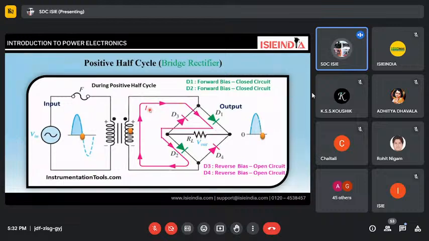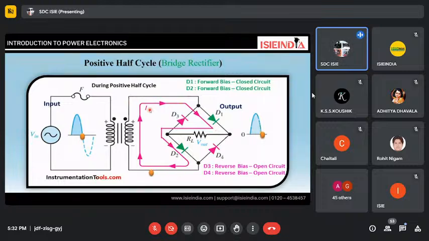You will see that the H-bridge rectifier is more preferable, because at a time two diodes are active, D1 and D2, and they make one complete cycle. At the second time, when we give the negative half cycle, D3 and D4 are active.